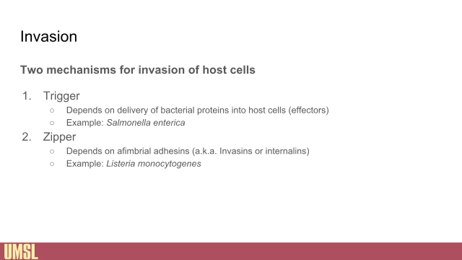So as a pathogen, you want to get across that epithelial cell layer. As I mentioned in the last lecture, there are two fundamental decisions that a lot of pathogens are going to make. One is, am I going to be an effective extracellular pathogen?